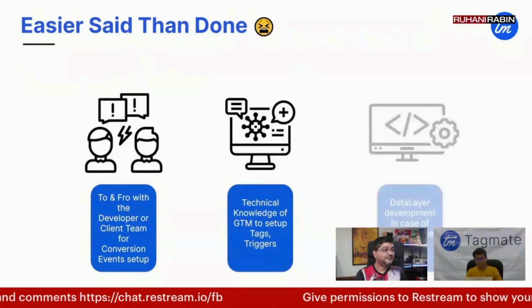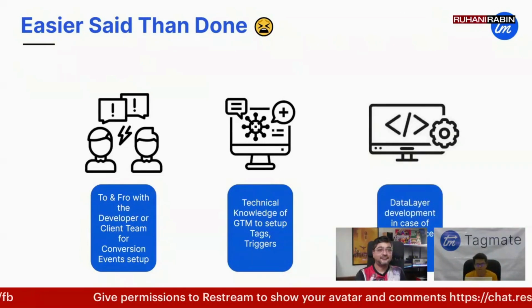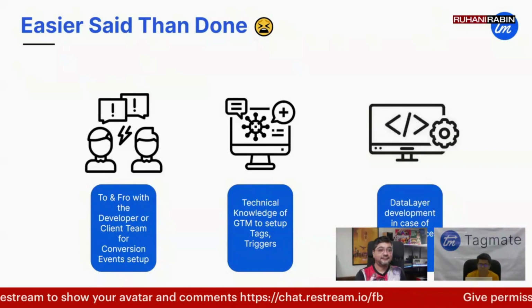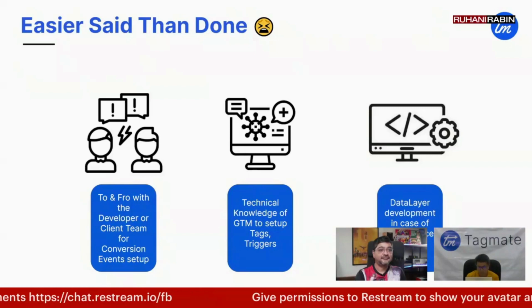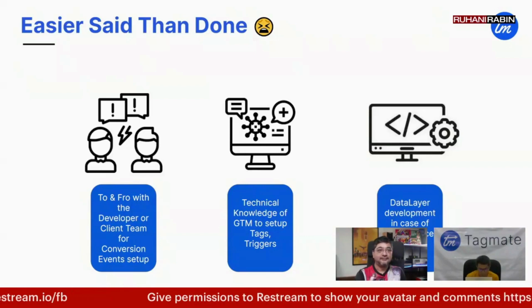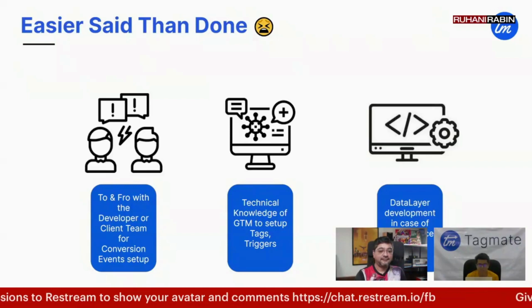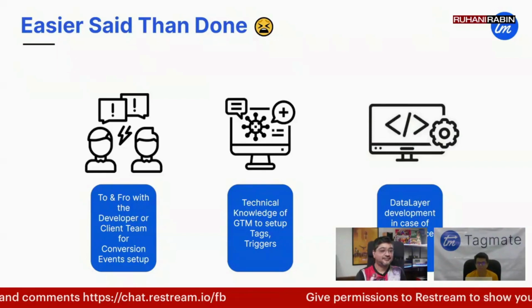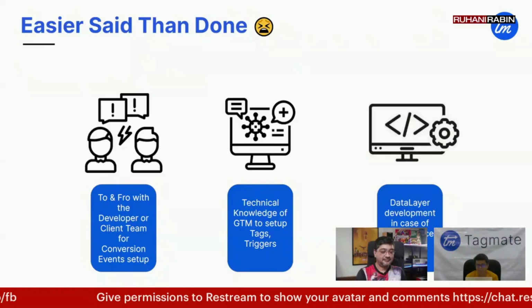All right. So you all would have a lot of difficulties setting up any of the pixels, whether it's Google Ads or let's say Facebook pixel or any other. For example, going to and fro with the developers or client team for the conversion event setup. Technical knowledge, of course, you should have knowledge of a GTM setup, how you can set up tags and triggers in a GTM, and the data layer part.